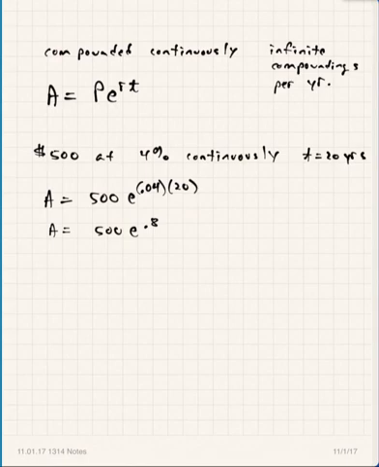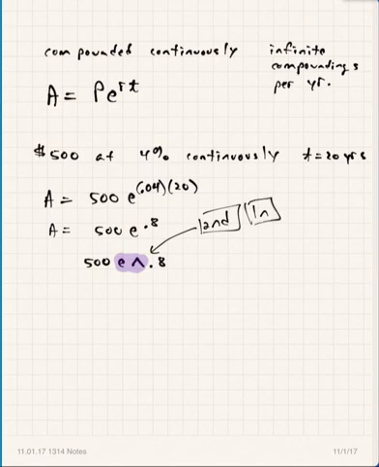And that's where you'd use the exponent key in your calculator, the e key that I pointed out to you a few minutes ago. And so I would literally enter this on my calculator, 500e raised to the 0.8 power, like that. And remember, to get this command on your calculator, you enter second and then ln.